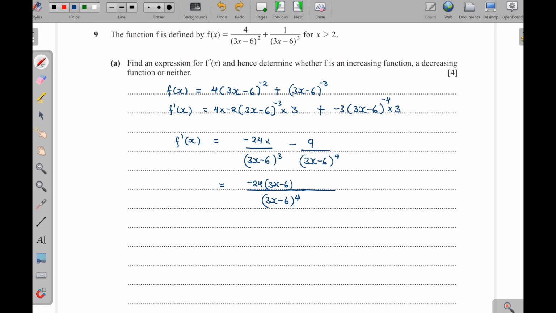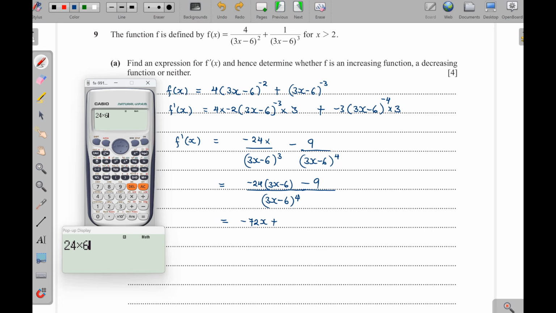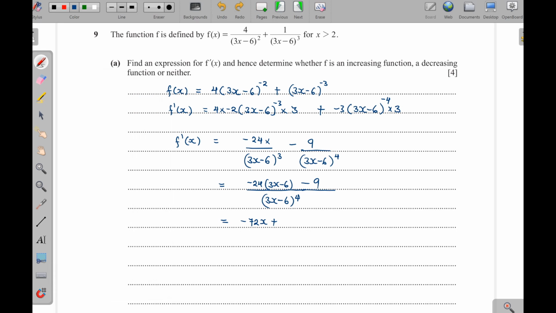Now, of course, here we shall have minus 9. Now, simplified, we shall have this one. Minus 24 times 3. What do you get? I think that's a 72. So minus 72 of x, then plus minus 24 times 6. 24 times 6 gives us 144. So you have positive 144, then minus a 9, then over (3x minus 6) to the power of 4.